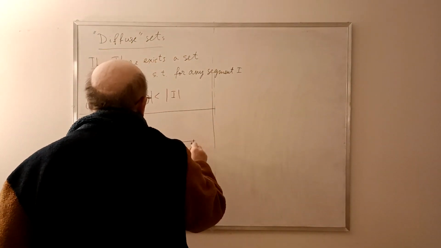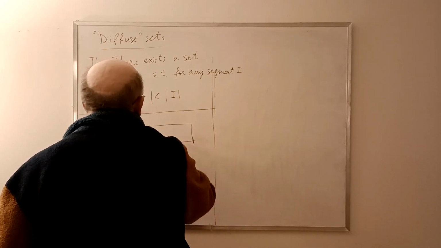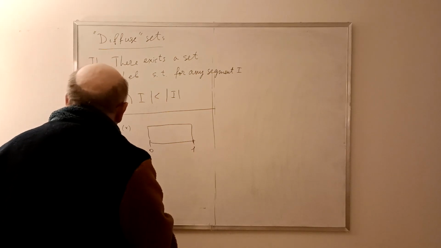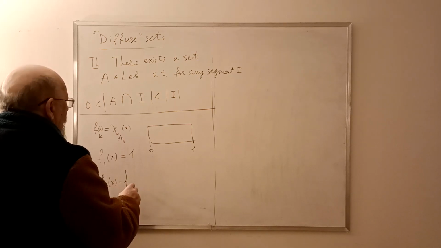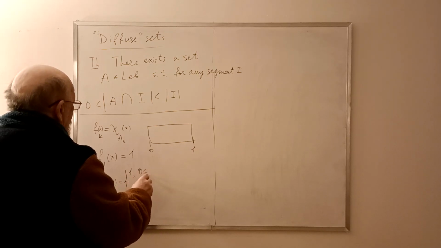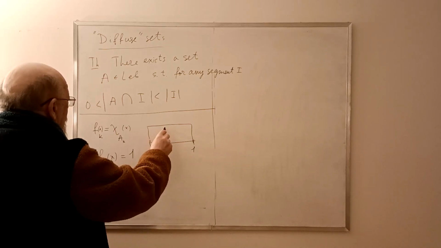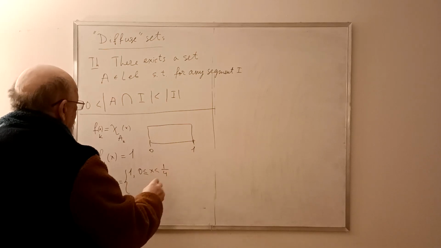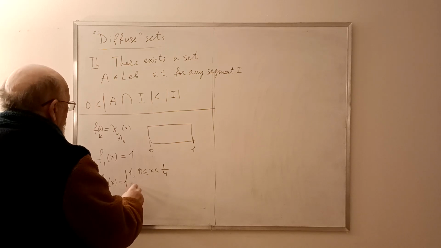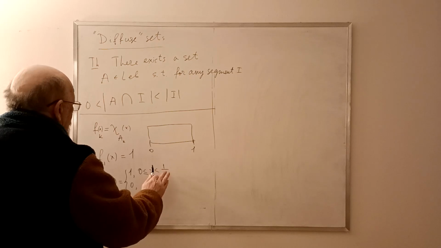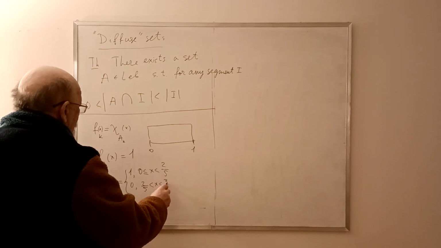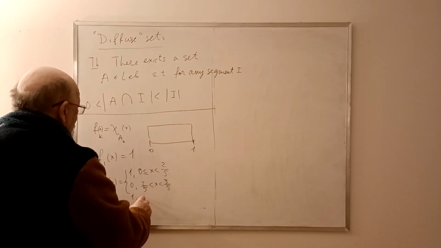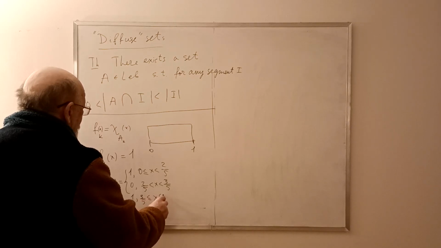Let me draw it. This is the characteristic function of the set, f1. f2 of x equals 1 for 0 less than x less than, let us take, 2/5, for example; 0 for 2/5 less than x less than 3/5; and 1 when 3/5 less than x less than 1.